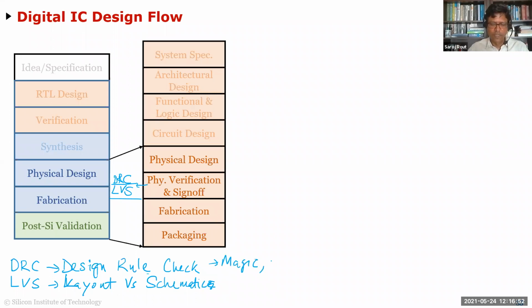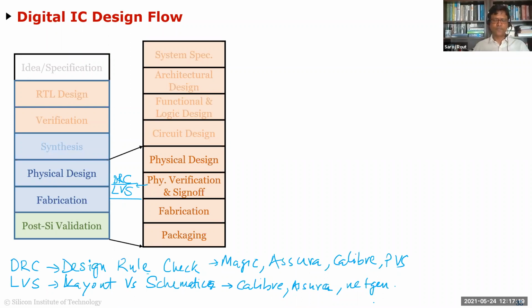The popular tools in enterprise are Assura and Calibre. Calibre is now kind of the industry enterprise standard. Assura has become PVS for Cadence. Tanner, from Mentor Graphics, had their own, but they stopped that now. For layout versus schematic, again, you use Calibre or Assura. For your lab, you're going to use what's called Netgen, which is an open source tool.